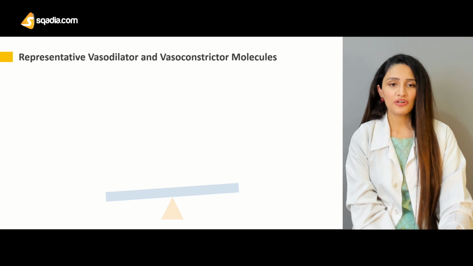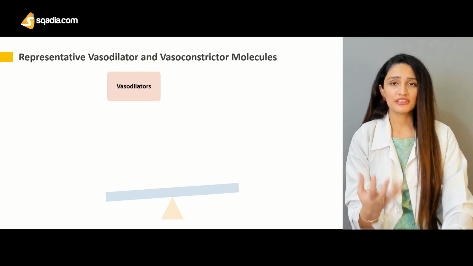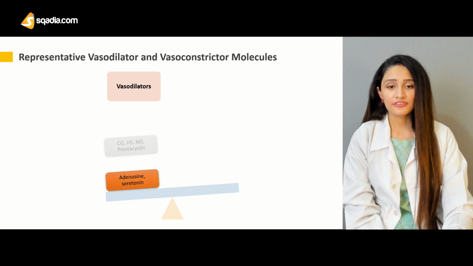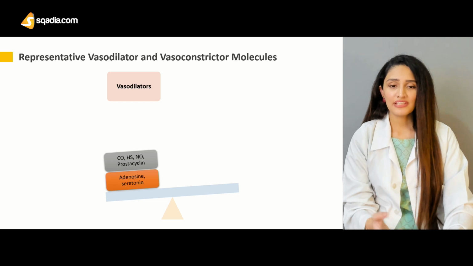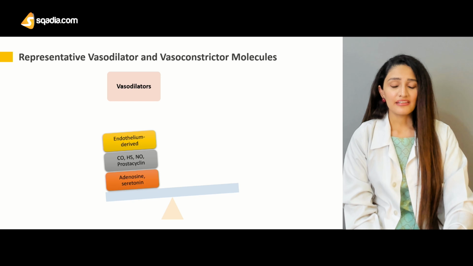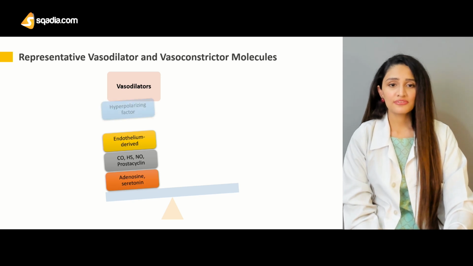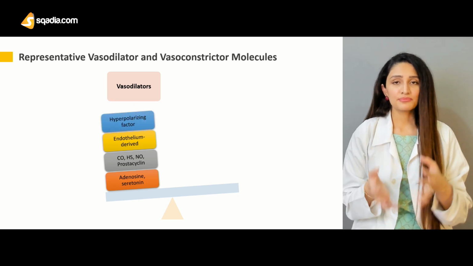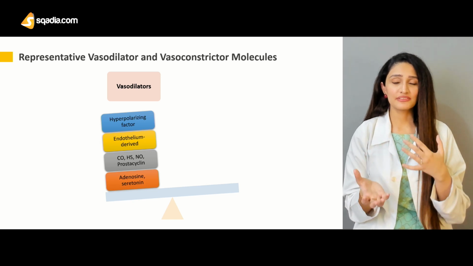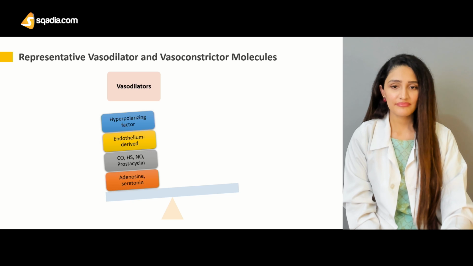What are the molecules that cause vasodilation? It could be adenosine, serotonin, carbon dioxide, nitric oxide, prostacyclin, endothelium-derived molecules, and lastly hyperpolarizing factors. These are all the molecules that cause vasodilation.